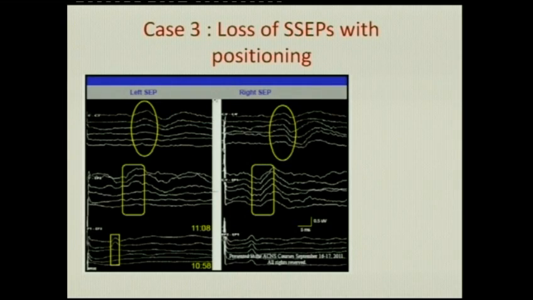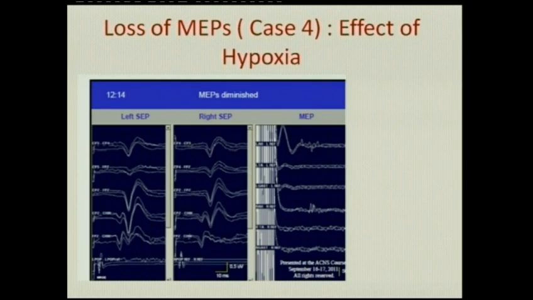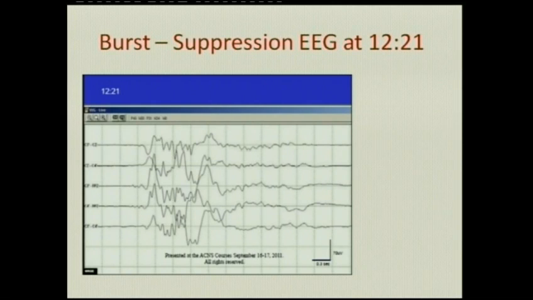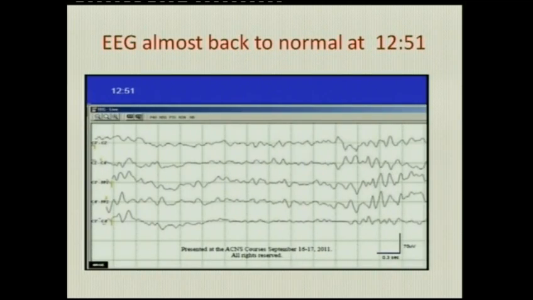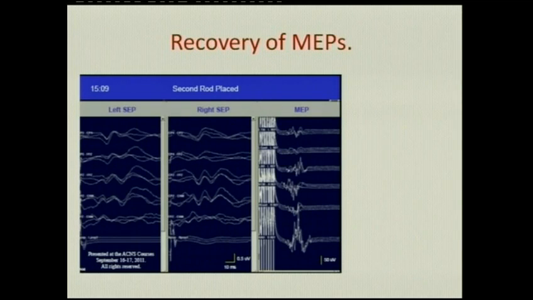Okay, this is SEP loss due to prone position, and here is the effect of hypoxia. The MEP disappears, and when we do the EEG, you can see the EEG shows a burst suppression pattern, telling you there is a hypoxic brain insult, and when the EEG came back, the MEPs came back.